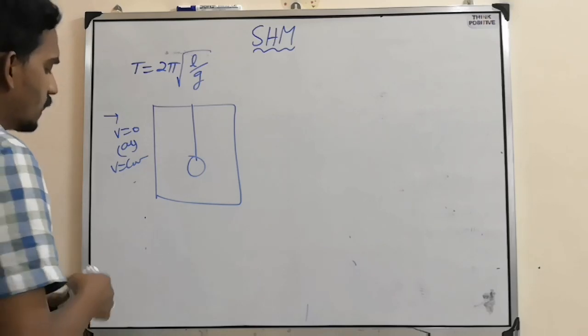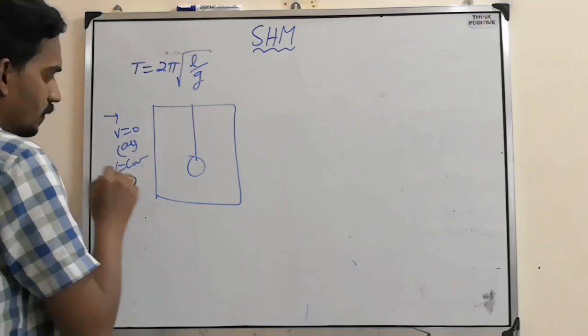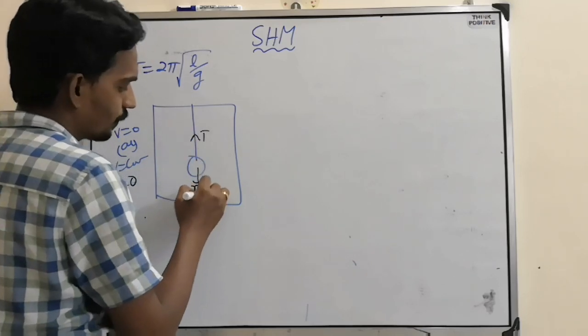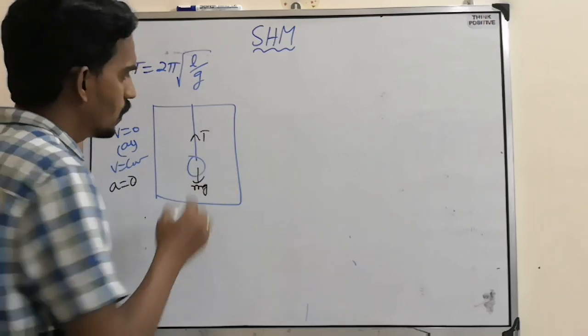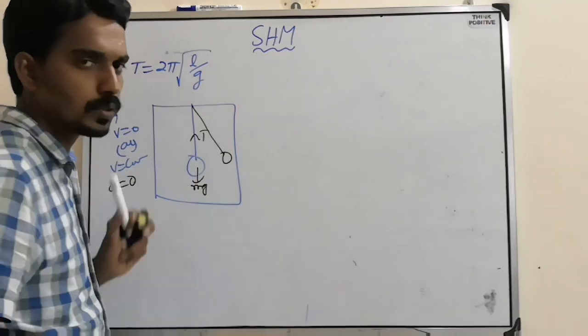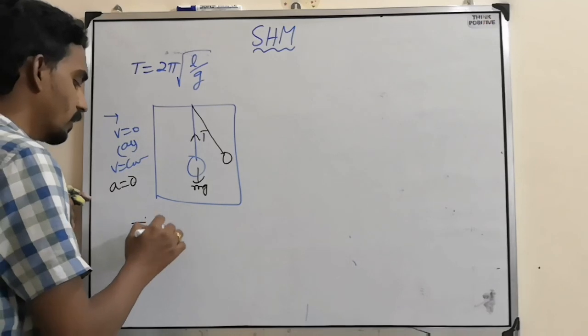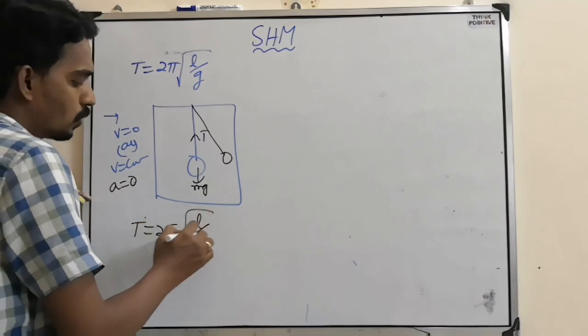Then acceleration here is 0, so tension up, mg down. So no other extra force. So at every point the restoring force will become mg sin theta only. So the time period will become 2 pi root L by G.